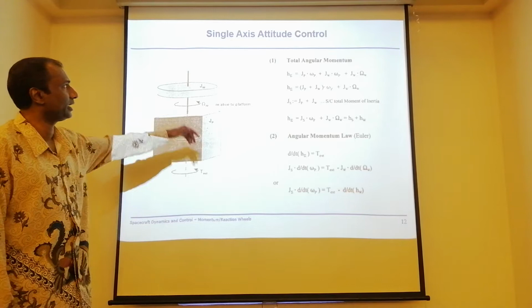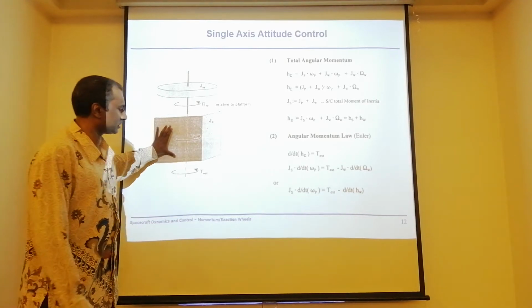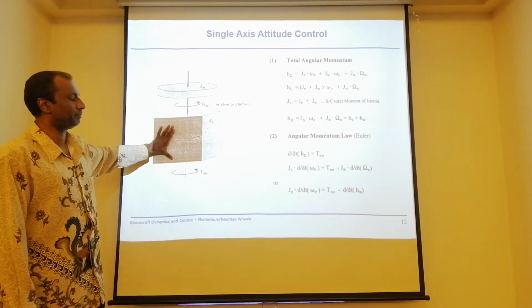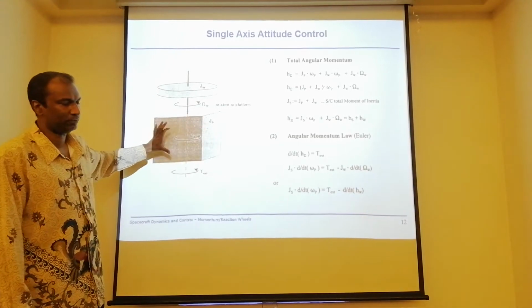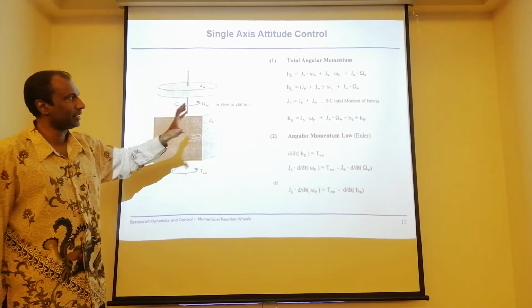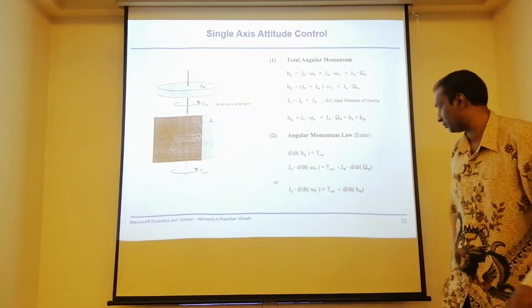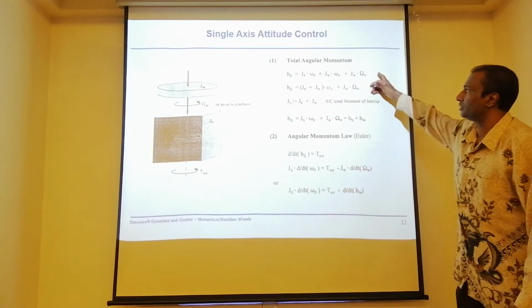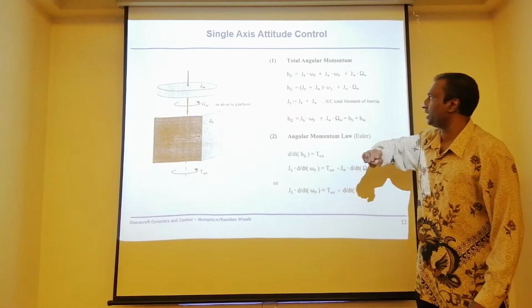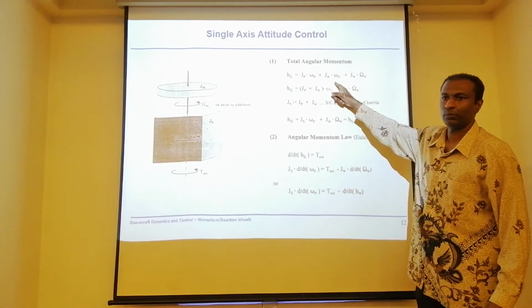All right, let us look at the single axis control. Assuming I have a wheel and a platform, JP is the platform, which is the satellite, and I have a wheel. Let me write the total angular momentum equation so that you will know how we can do this. I have two rigid bodies there, the platform and the wheel.